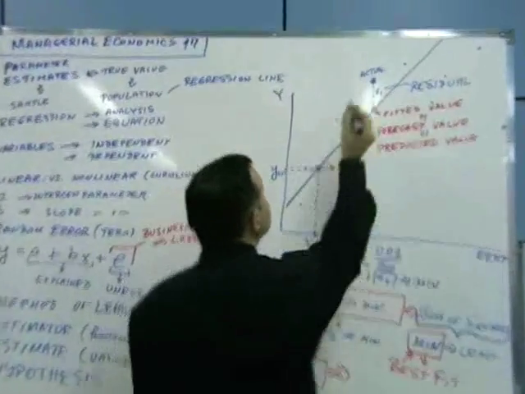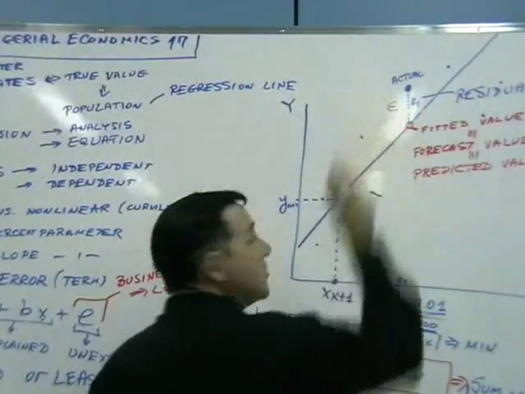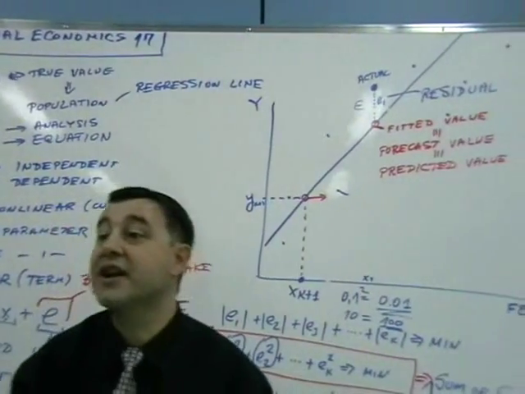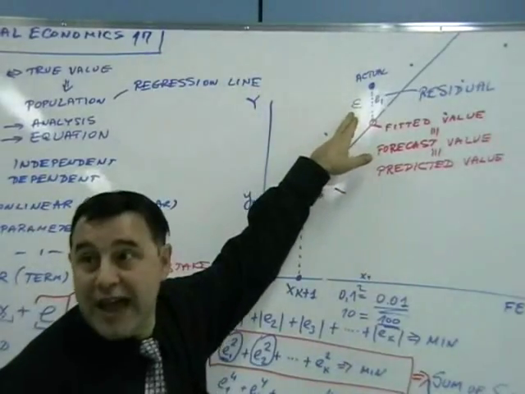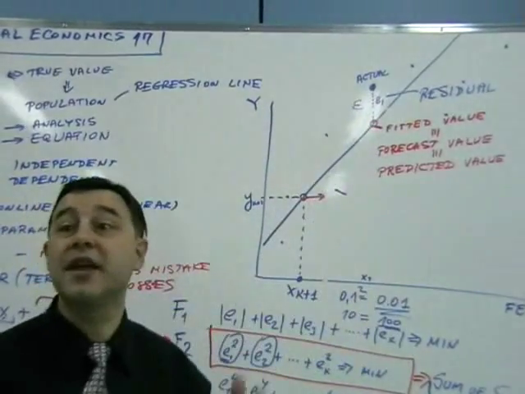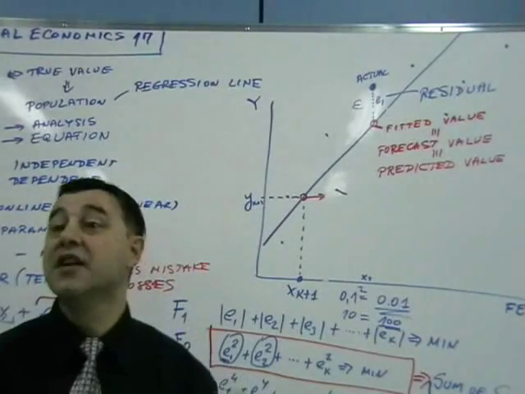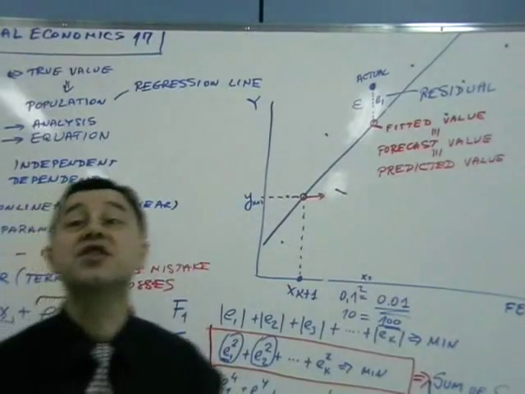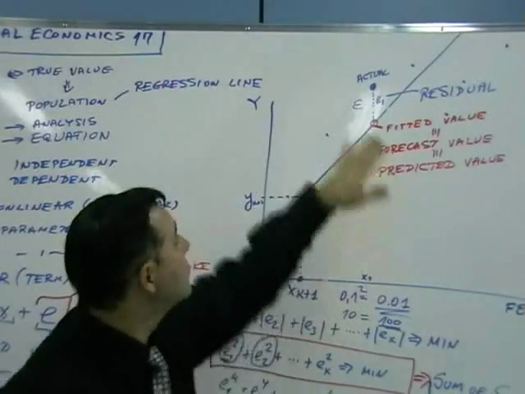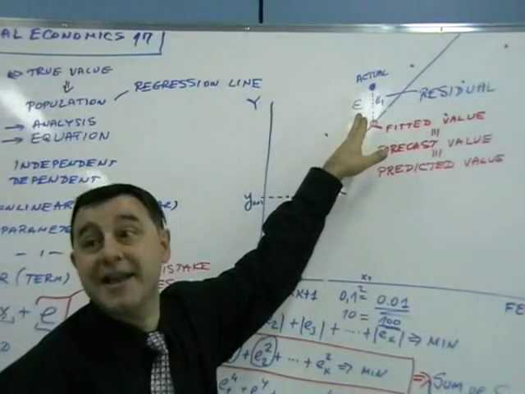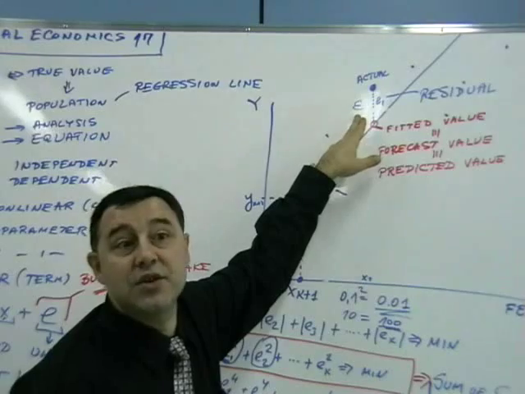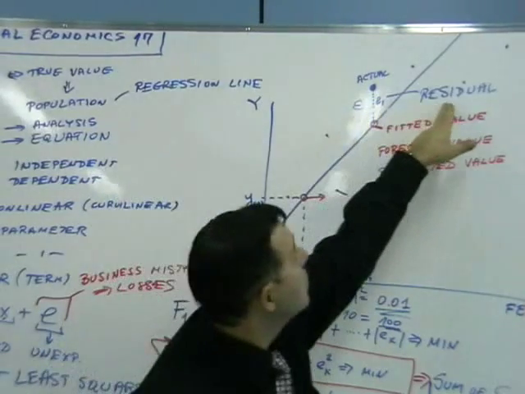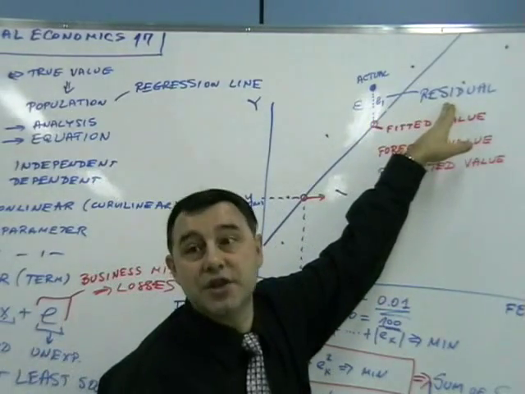So, the residual is actually the epsilon. Remember, we were using Latin letters and we were using Greek letters. The Latin letters represented the population. The Greek values represented the estimates based on the sample. So, whenever you compute it based on the sample, you call the value a residual.